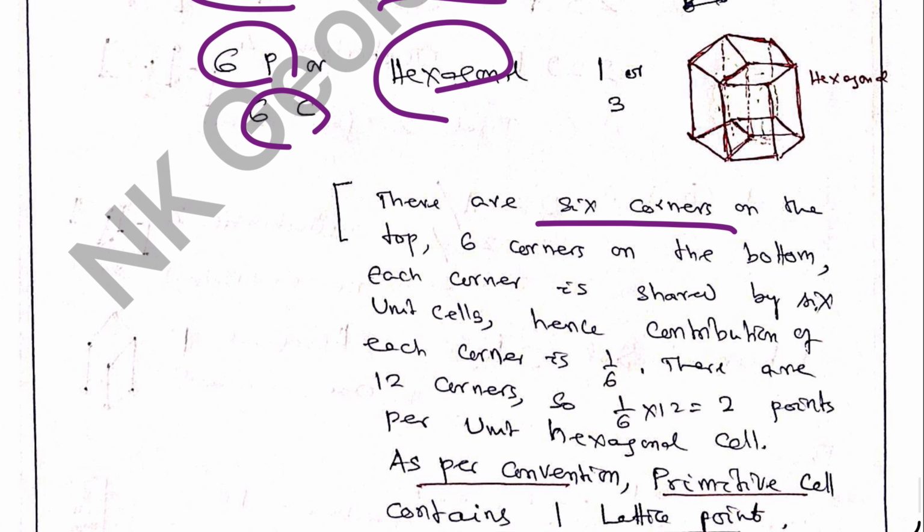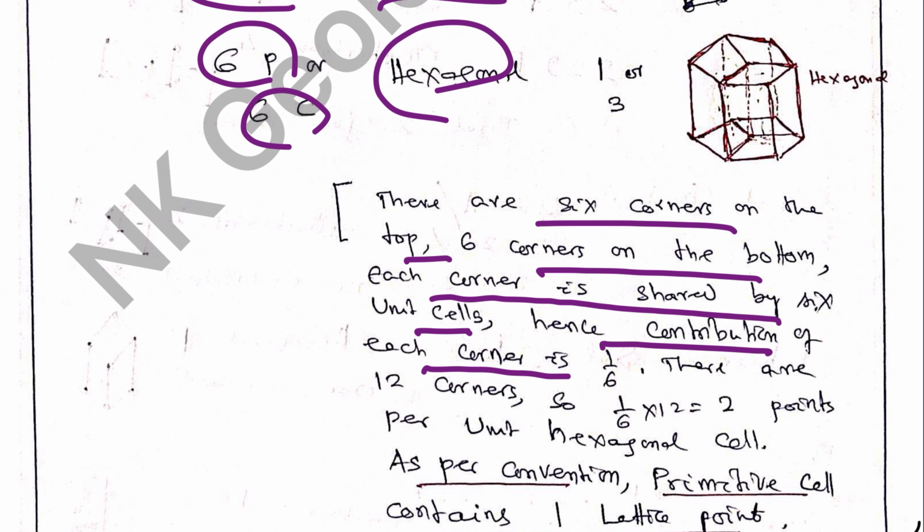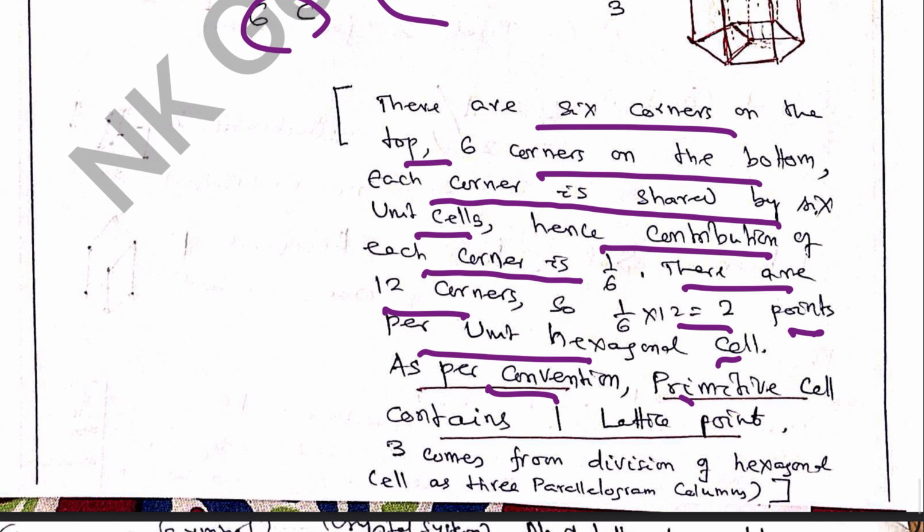There are 6 corners on the top, 6 corners on the bottom. Each corner is shared by 6 unit cells, hence the contribution of each corner is 1 by 6 in case of hexagonal. So, there are 12 corners, so contribution will be 2 points per unit hexagonal cell. As per convention, a primitive cell contains one lattice point.